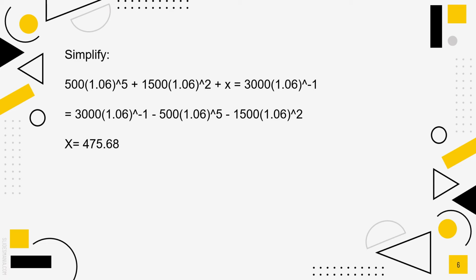So x equal 3000 bracket 1.06 the power of negative 1 minus 500 bracket 1.06 the power of 5 and minus 1500 bracket 1.06 the power of 2, and we get the answer for the value of x is 475.66 for present value in this year.